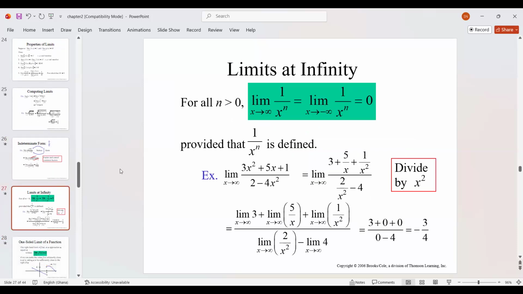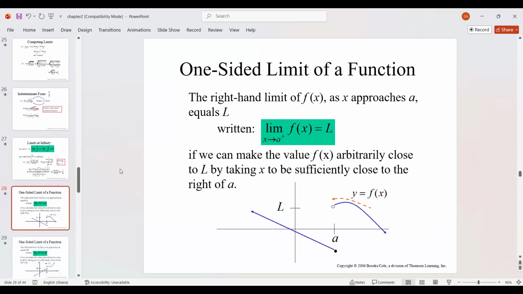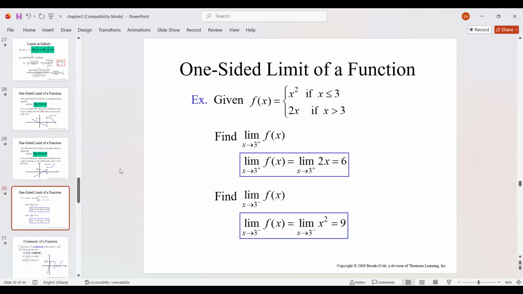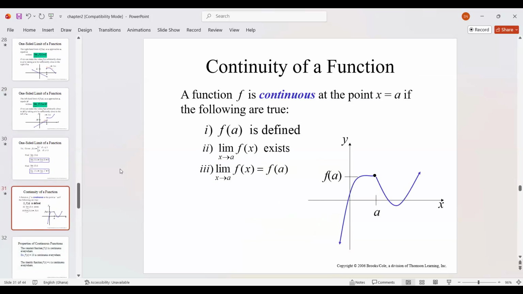Limit to infinity. We saw that too last semester. One-sided limit. That is, if you make f of x arbitrarily close to m, what is the value of x? So we can have one-sided limits. You can have limits and the continuity of a limit. That is, is a function defined at a particular point.